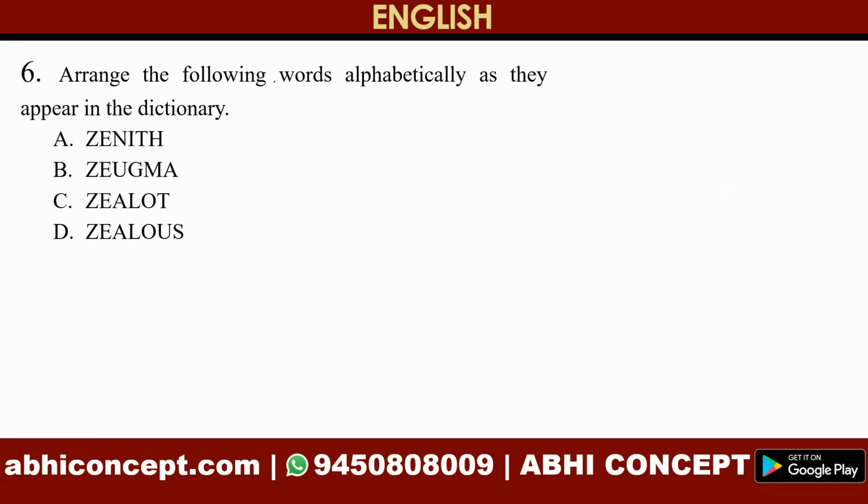Question number 6. Arrange the following words alphabetically as they are arranged in the dictionary. Now, this is one of the easiest questions I have seen so far. So, this is Z-E-A, zealot, zealous. So, zealot will be your first word. Okay. Because O के बाद यहाँ पे U आ रहा है, right? So, T-U-V.